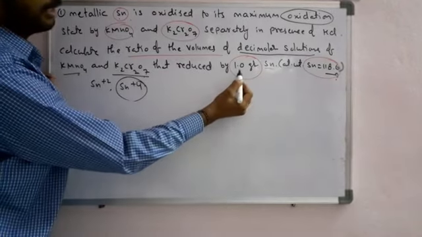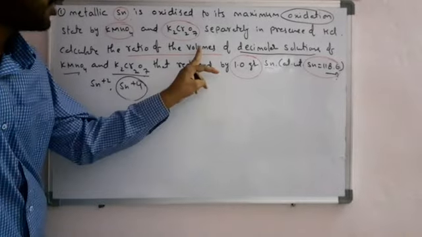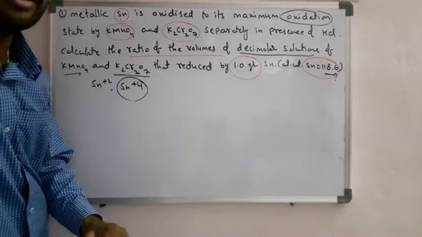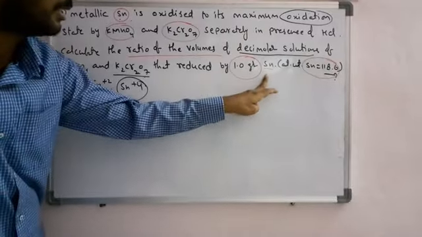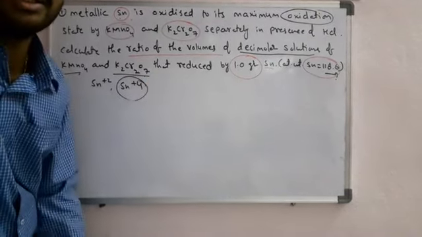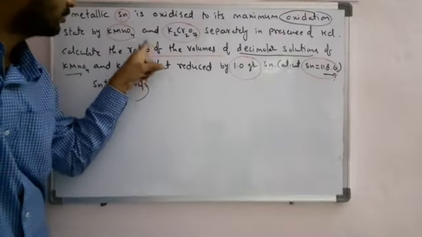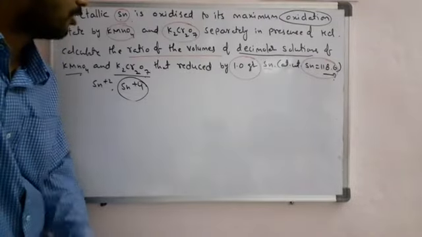For 1 gram of tin, we need to find the volume of potassium permanganate and the volume of potassium dichromate reduced. We find those values separately and then find the ratio. Now we separately find their values.